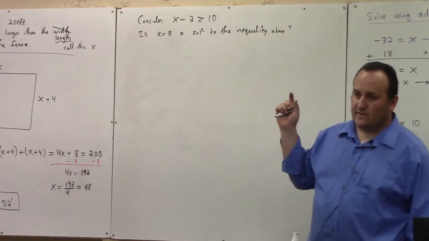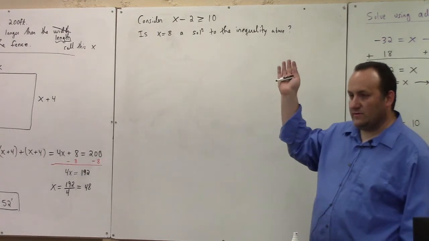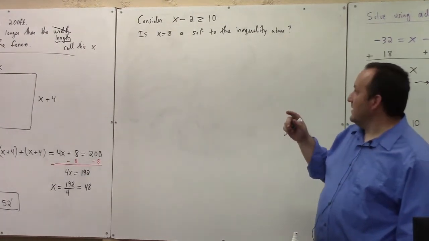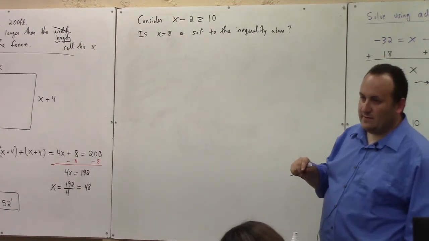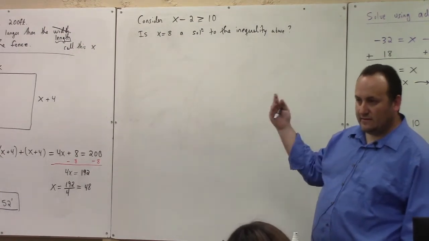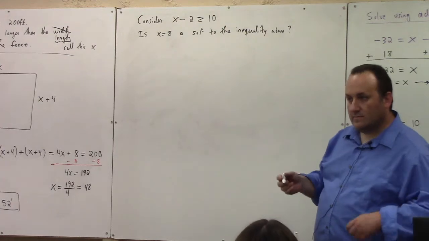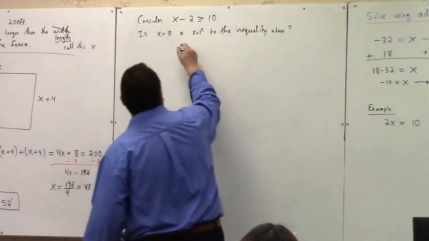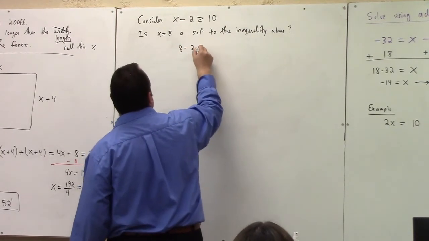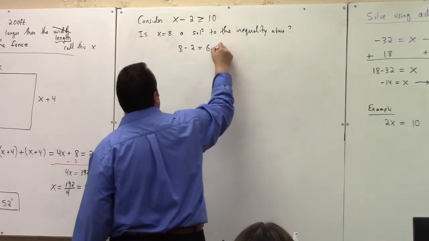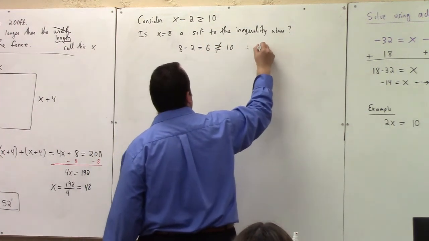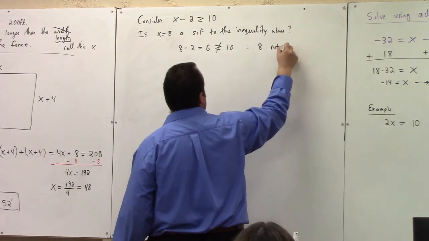Solutions to inequalities are also sets of numbers which make the inequality true. So to ask whether or not 8 is a solution is asking, if we plug it in, does it work? No, it does not, because 8 minus 2 is 6, and 6 is not greater than 10. So 8 is not a solution.